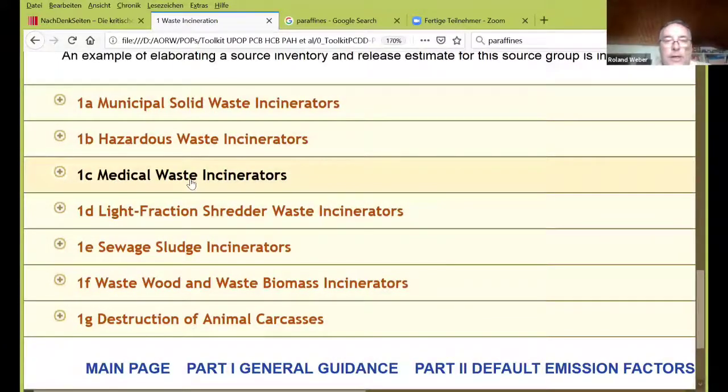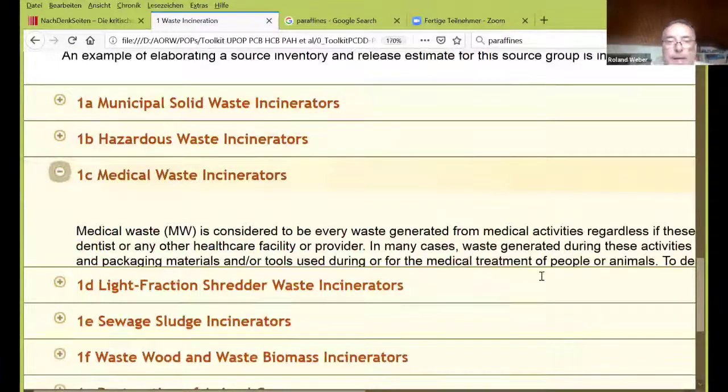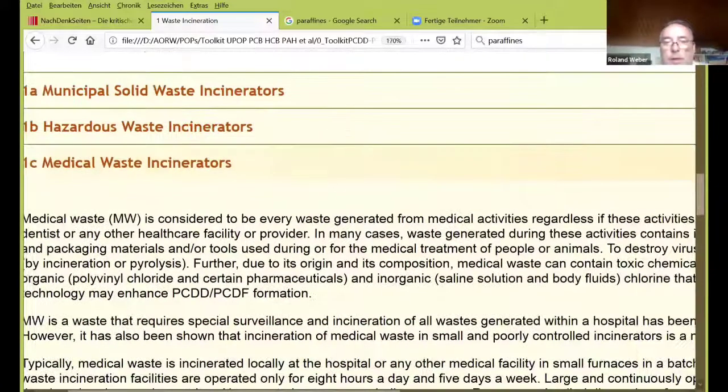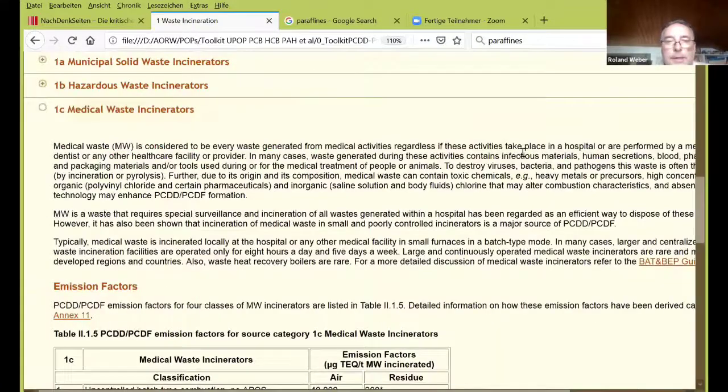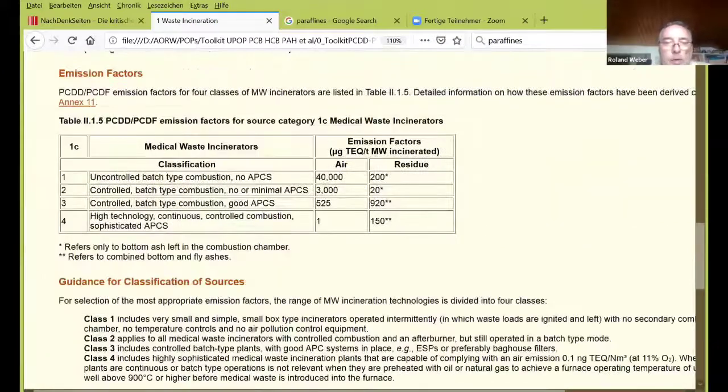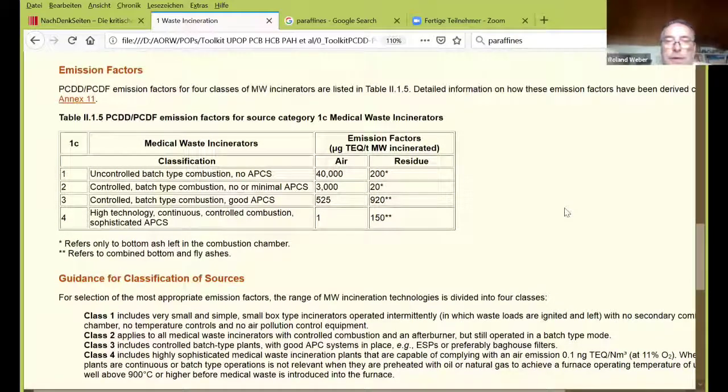I click on it, then it opens and tells you the background of this medical waste incinerator, and then it tells you the different emission factors for the different classes here, uncontrolled batch type, controlled batch type, and here are the emission factors.